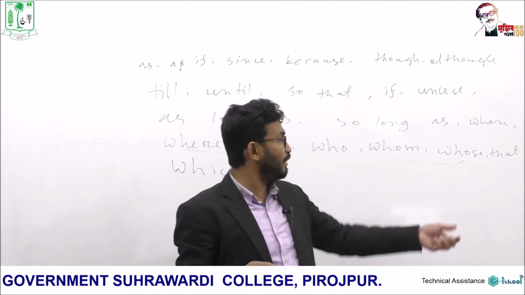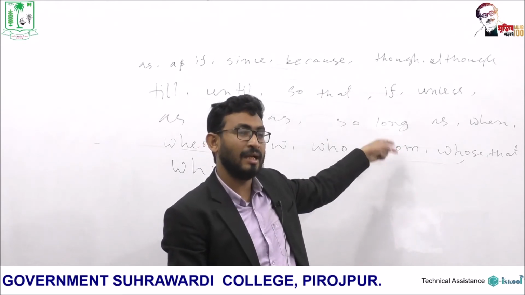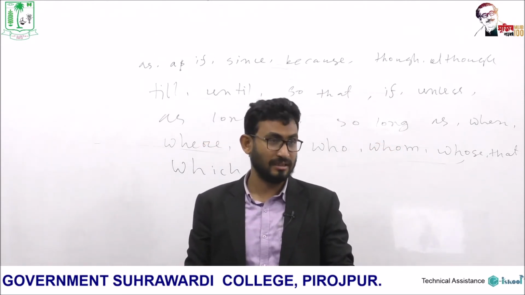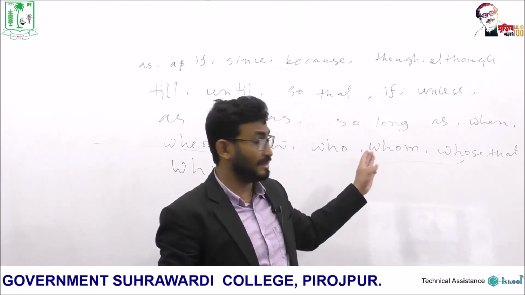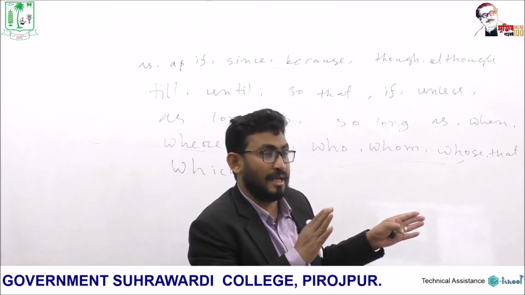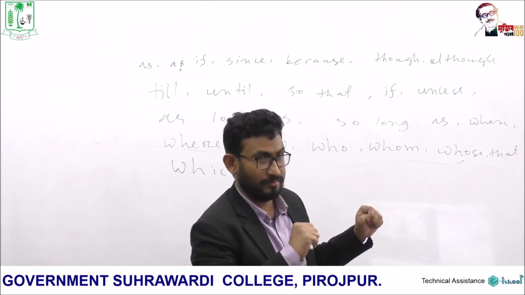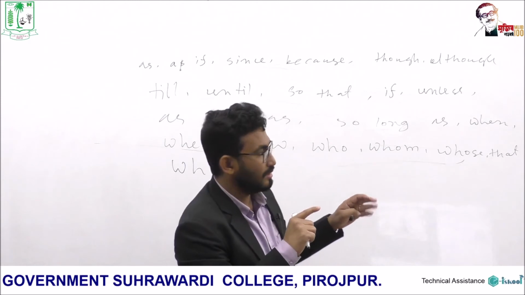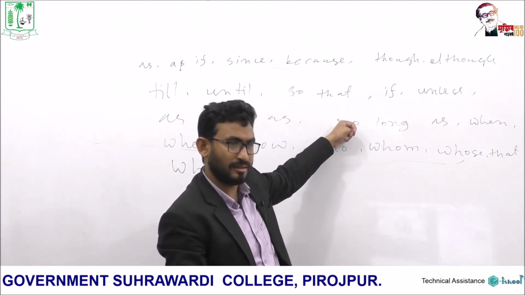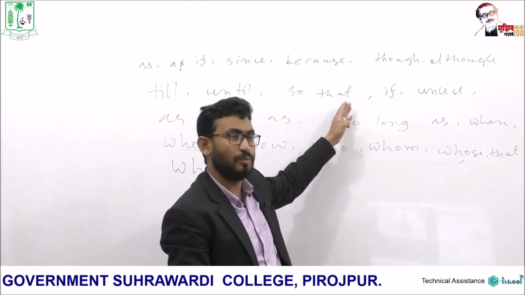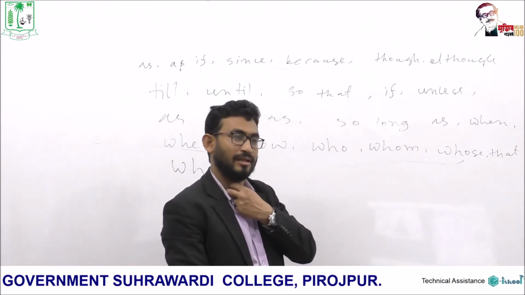In this case, if you find these words or phrases as conjunctions in your sentence, it means that the sentence you are going to write should be in complex form. That means the clauses that follow these conjunctions should be dependent clauses, that is, subordinate clauses.